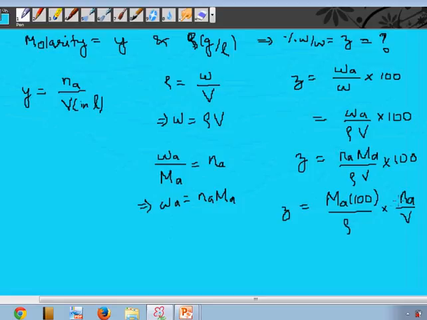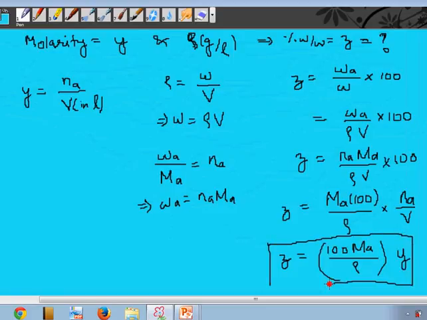Why? Because Na by V is my Y. Right, Na by V is my Y. So what I get is Z is equal to 100 Ma divided by rho into Y. Alright, so this is my formula.